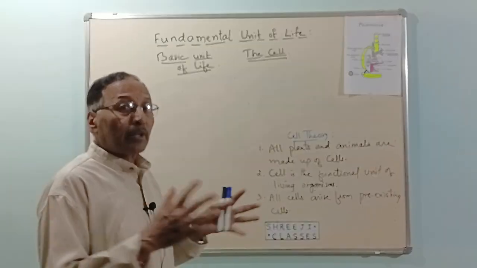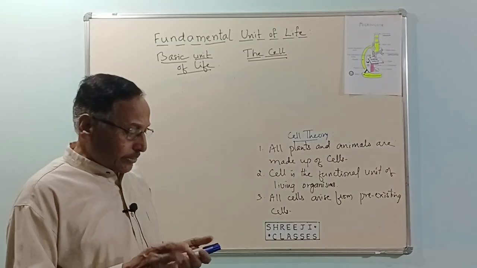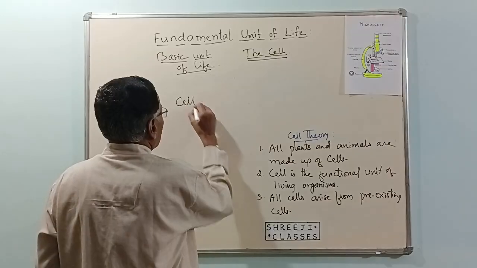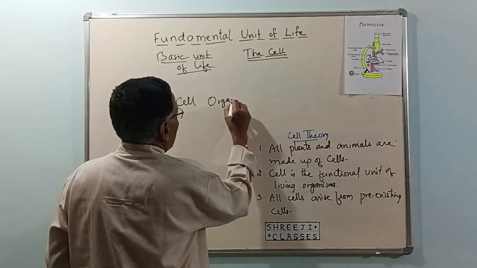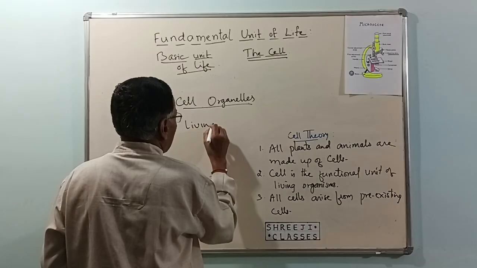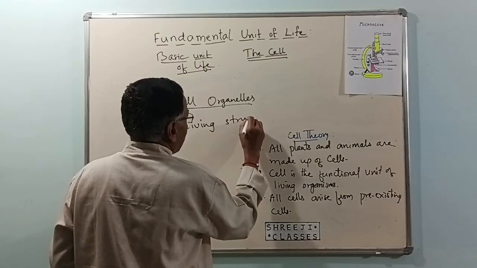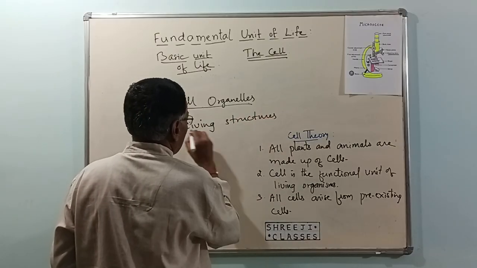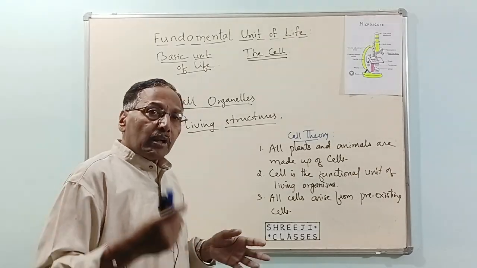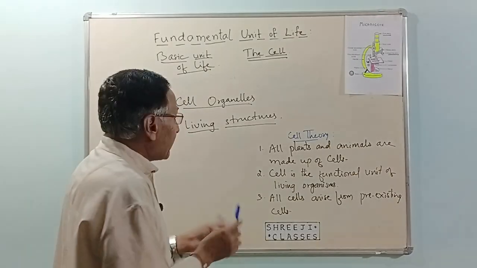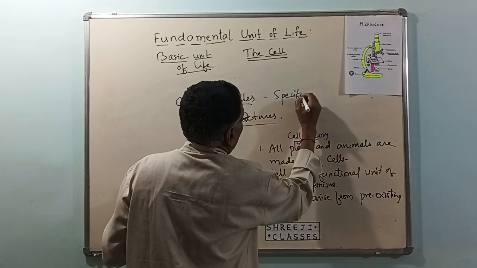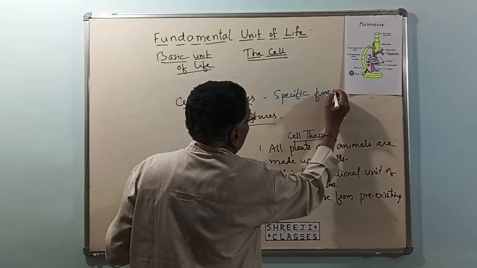Cell has different components which we call cell organelles. There are so many living parts. They are all living structures, and all these living structures perform different functions. Means they have specific functions.